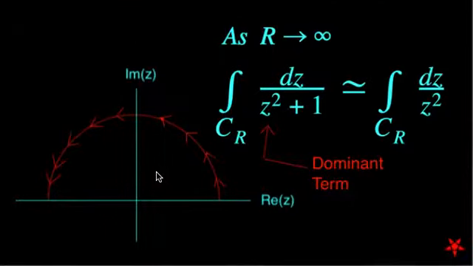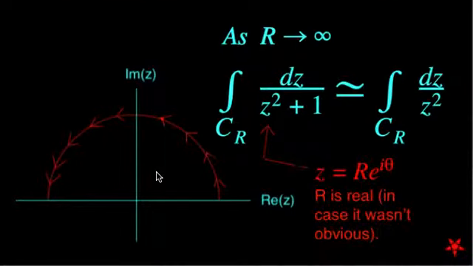This is because r is the dominant term in the denominator, and z is proportional to r along this contour. This is the part that I complained felt kind of glossed over in a lot of treatments of this problem in other texts. So we're just going to examine this issue with this integral a little bit closer here.